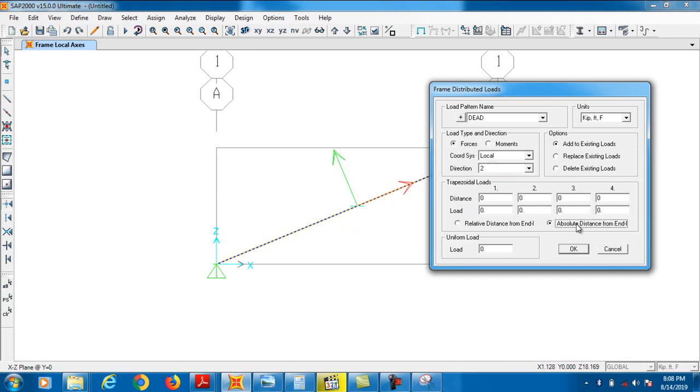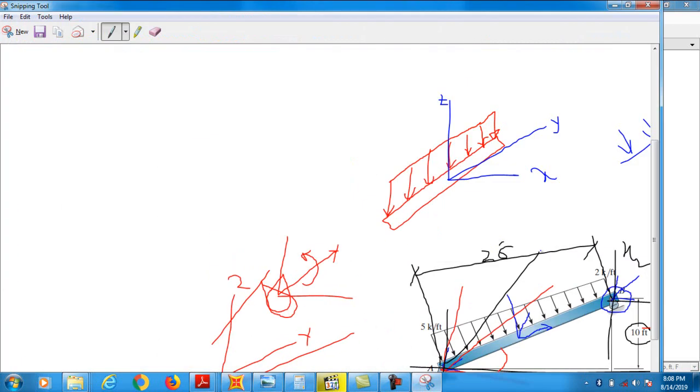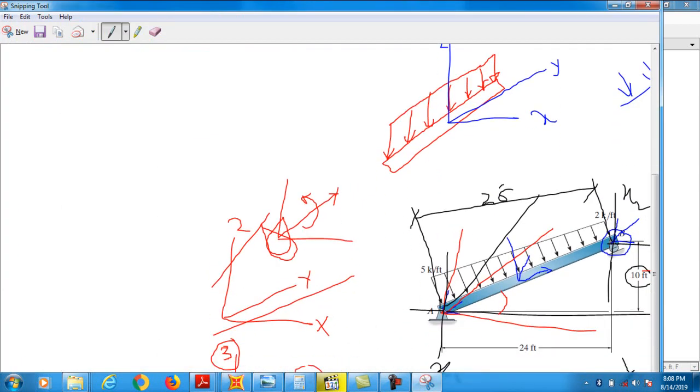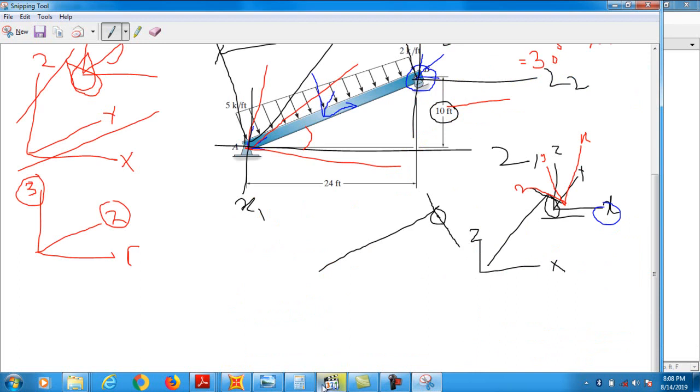Select this option and apply the loading. In loading you can see that at a distance 0 the load is 5 kg per feet, and at an inclined distance you need to insert the inclined distance, not the horizontal distance. At a distance of 26 feet you have a loading intensity of 2 kg per feet.